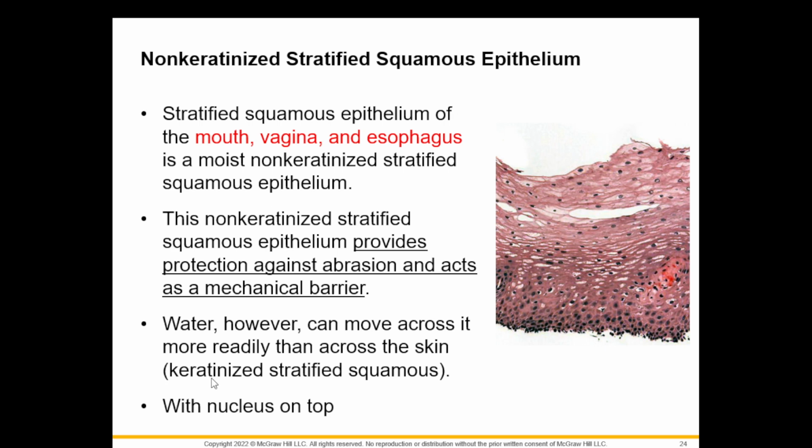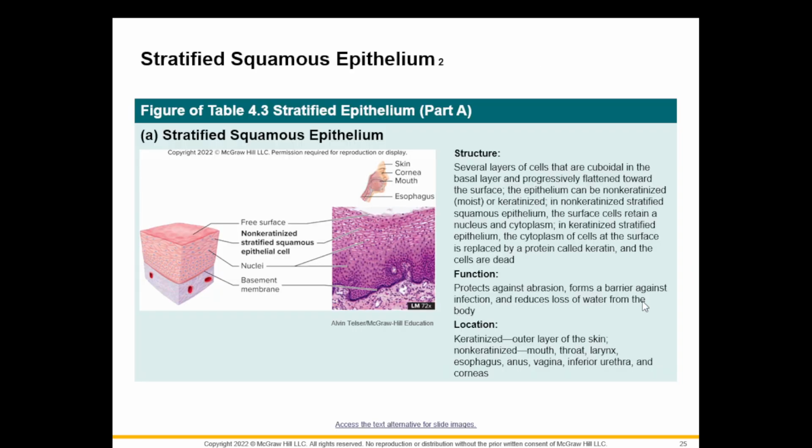That's why our skin has a water-repelling property. And another difference is that the topmost layer has your nuclei. So here is another example of your stratified squamous epithelium, specifically non-keratinizing. As you can see, there are nuclei on top or on the free surface. Here is another image of that.